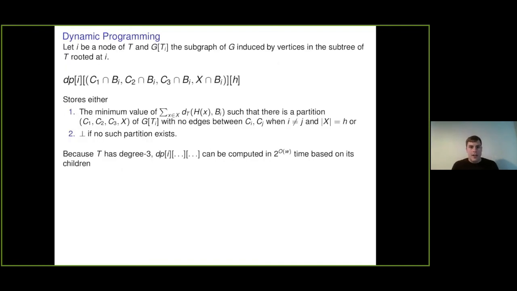Here are some details of this dynamic programming, but I don't know if it's really useful to go through this, because it's very standard stuff.